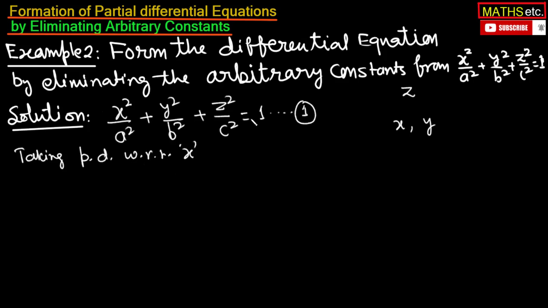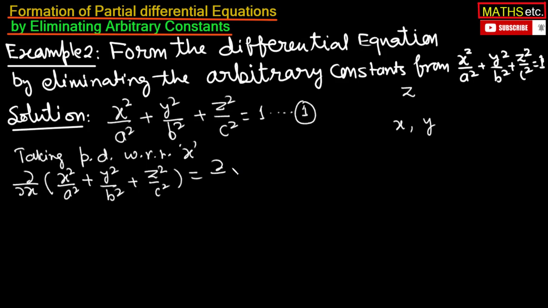And this is an implicitly defined function. So how will we take this partial derivative? We will do it like this: taking the partial derivative on both sides. So this one will be x square by a square, y square by b square, z square by c square equals the partial derivative of constant 1 with respect to x, right?